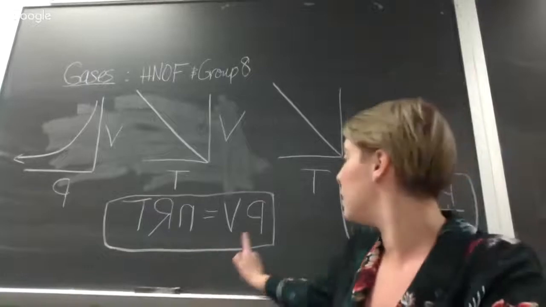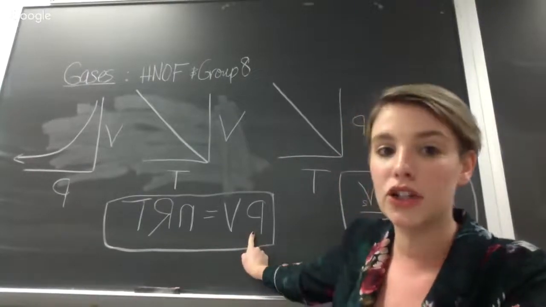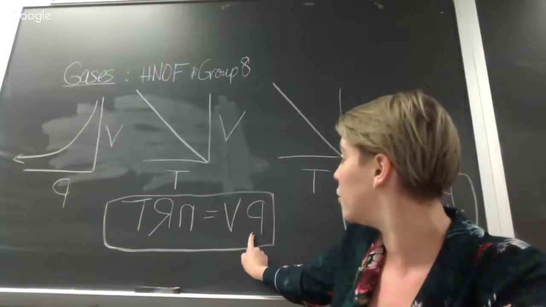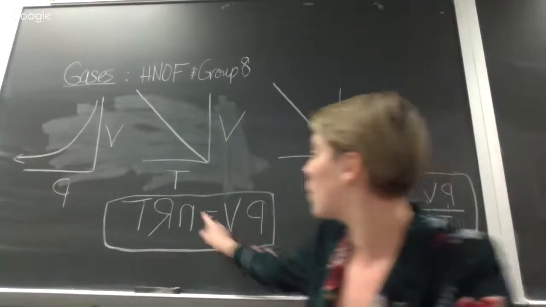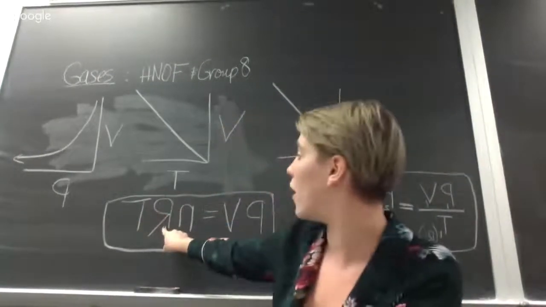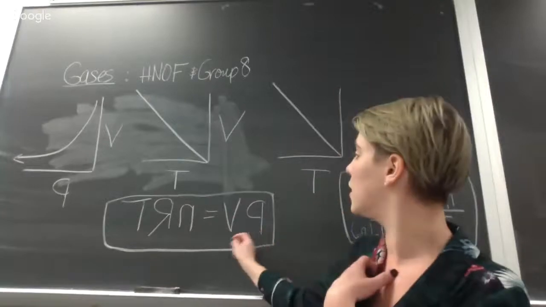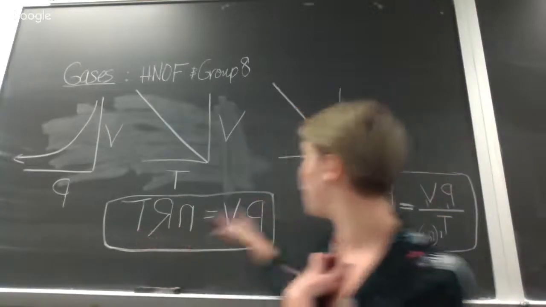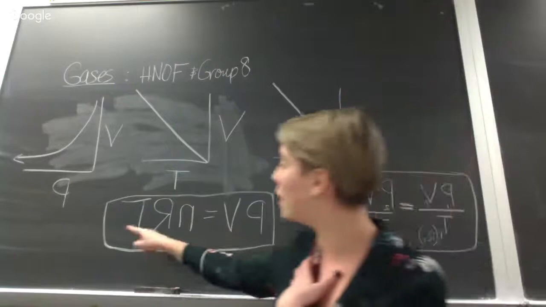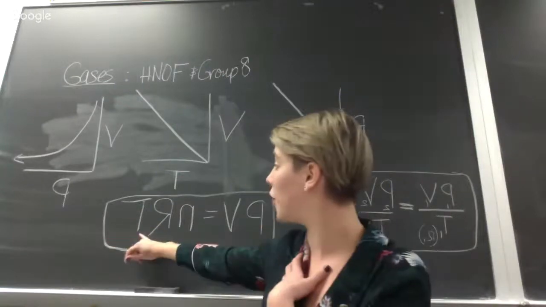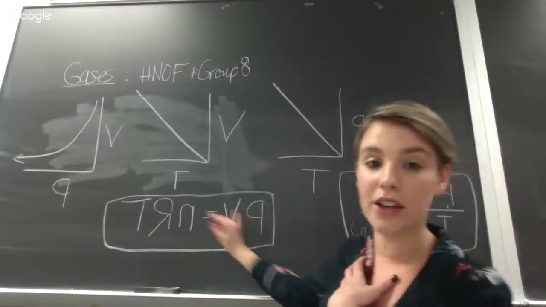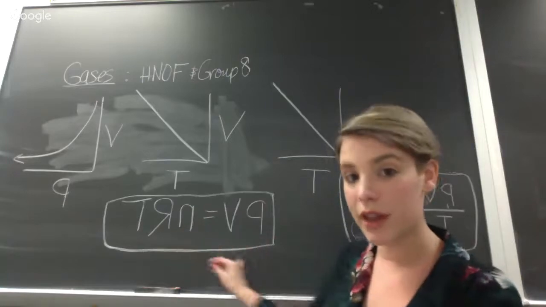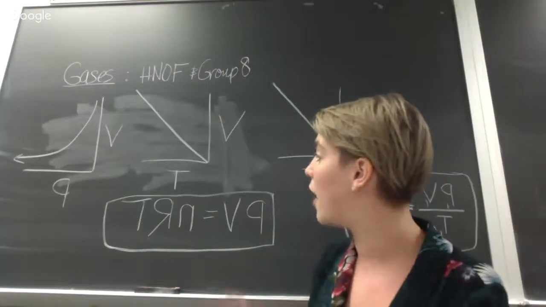This can be manipulated in so many ways. You always have R, but they can give you just the volume and the temperature, and you have to solve for the pressure. Or they can not give you the temperature, and give you everything else, and you just have to switch everything around to make sure that it fits.